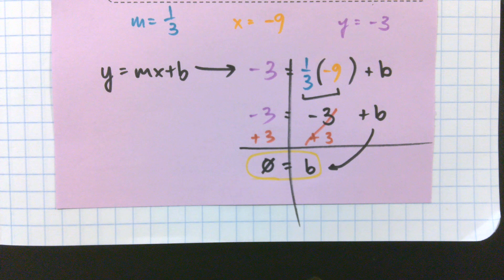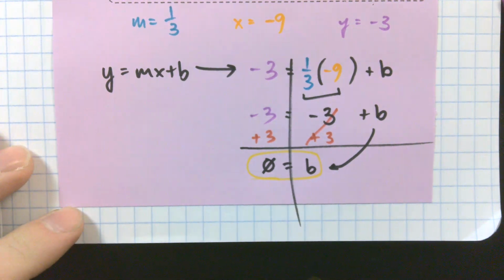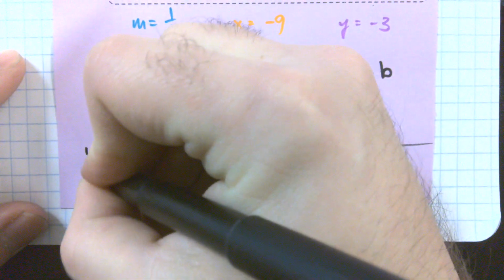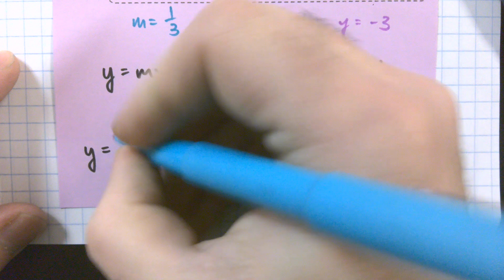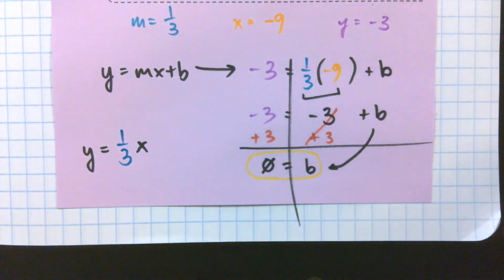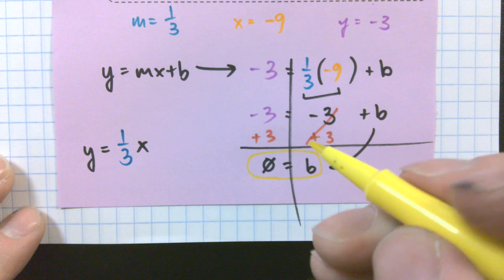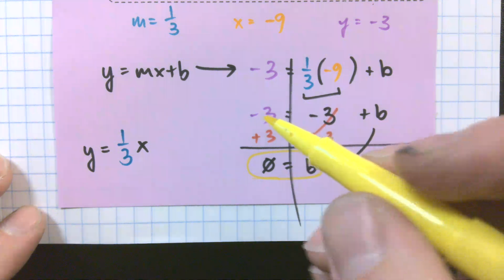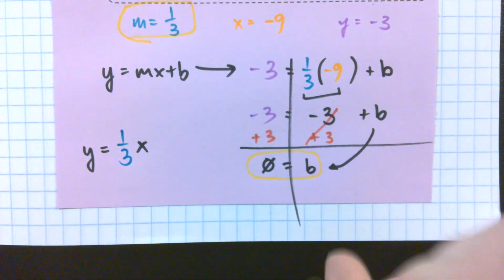So, Tariq, what did you do next? Oh, I did the equation. Okay, you wrote the equation. How'd you write the equation? y equals 1 over 3x. Where'd you get the 1 over 3? From the slope. The slope gave me the m.